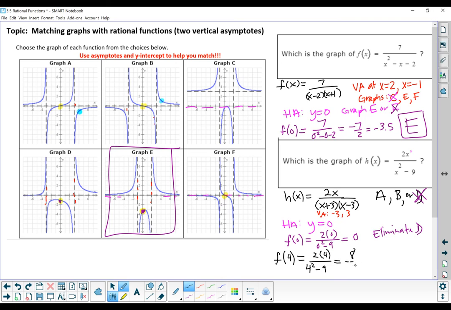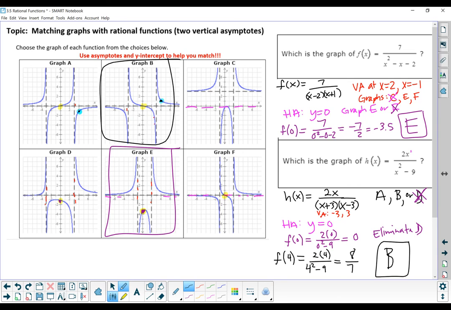That's 8 over 16 minus 9 is 7. So it looks like it's a positive number, a little bit above 1. And so that fits with this one because on graph A, it should be a negative number. So that means we have graph B here.